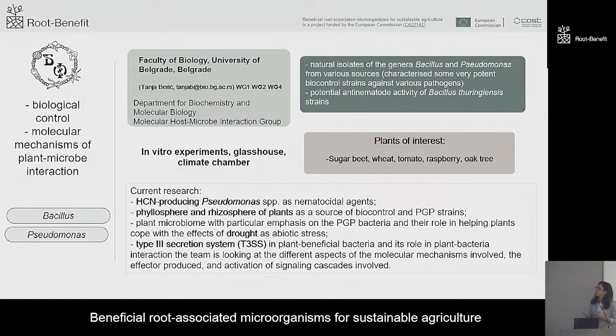They study the phyllosphere and rhizosphere of plants and search for beneficial plant growth promoting strains that can be used to improve resistance to drought, and they started a new topic on the type 3 secretion system in plant growth promoting bacteria and its role in plant microbe interaction.